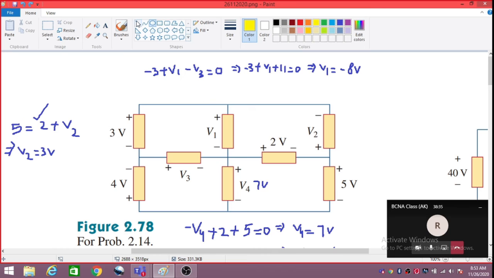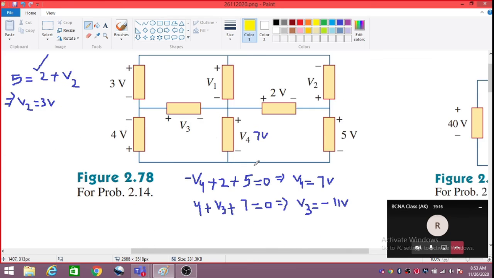Minus V1 minus V2 and minus 2 volt is equal to 0. If we move like this, because here we are entering from the minus sign, minus V1, here we are entering from the minus sign, minus V2, here we are entering from a minus sign, so minus 2. Okay, now what is V1? V1 itself is a minus, so it will make it 8.